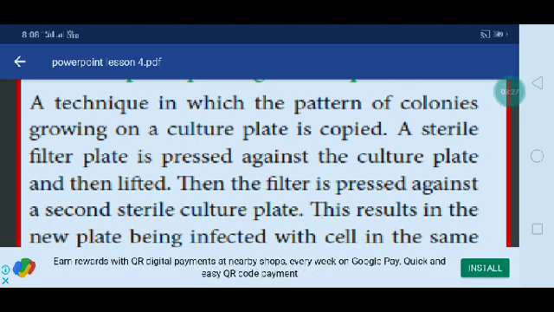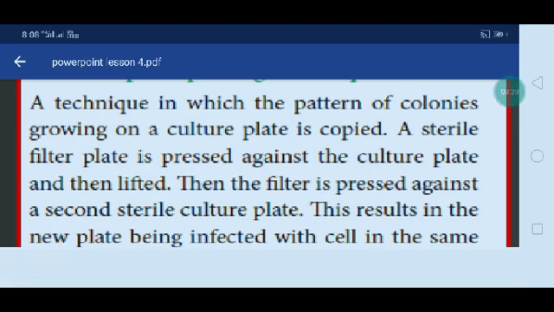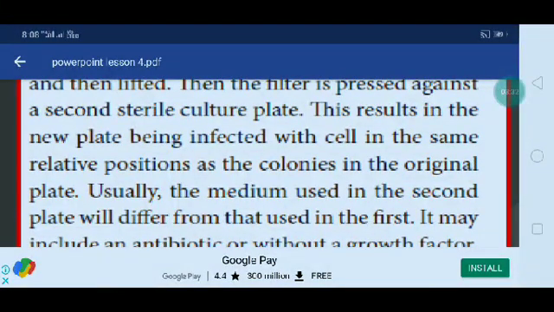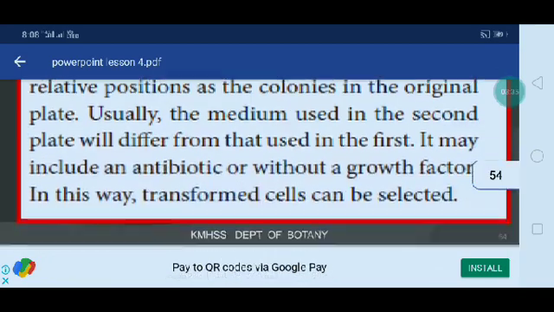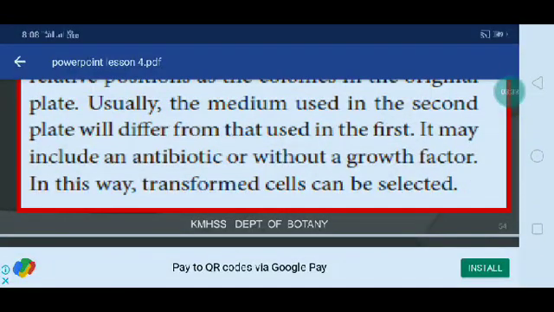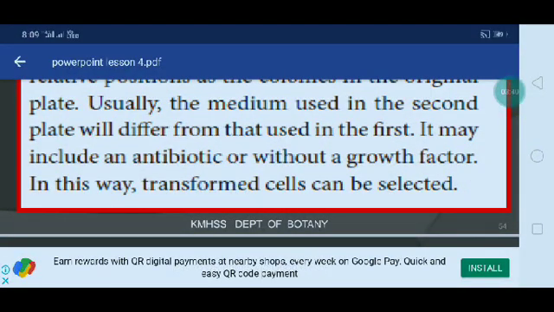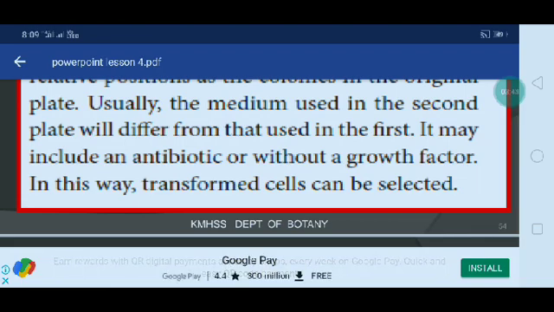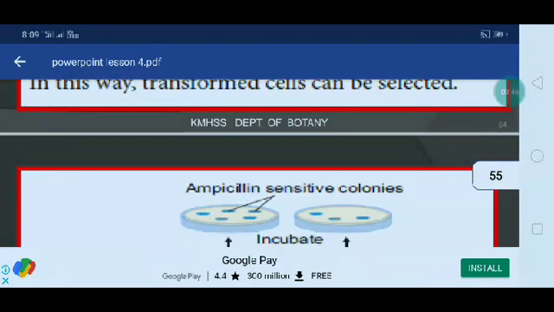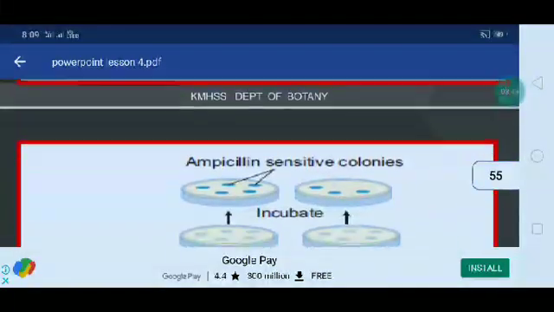This results in the new plate being inoculated with the cells from the original plate. Usually, the medium used in the second plate will differ from that used in the first plate. It may include an antibiotic or lack a growth factor. This is the way transformed cells can be selected. So that is called the replica plating technique.